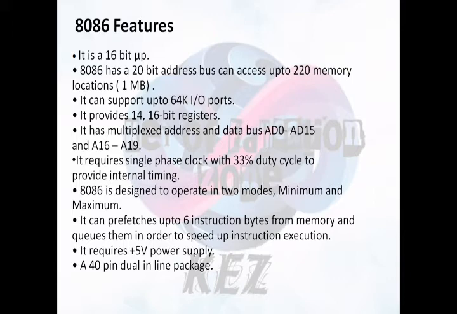It is designed to operate in 2 modes, minimum mode and maximum mode. This microprocessor can fetch up to 6 instructions from the memory and queue them at a time. One by one it will execute, so it will be much faster.